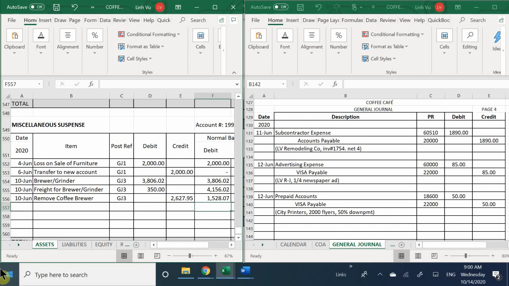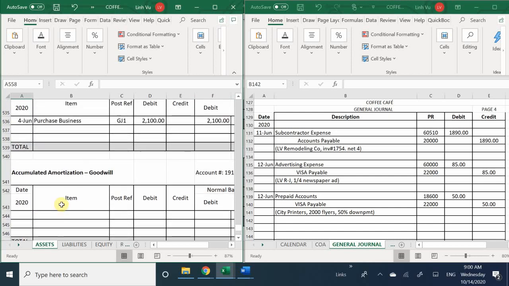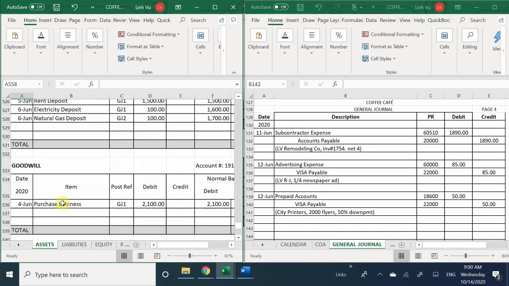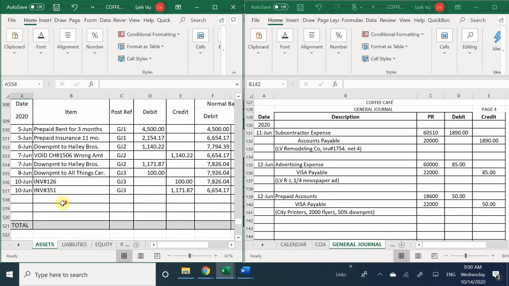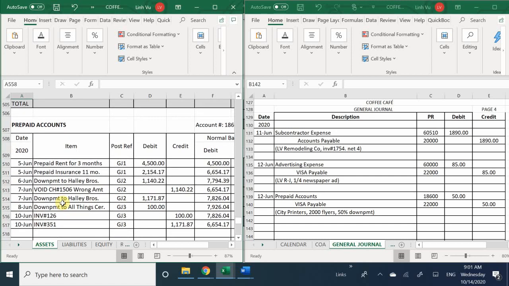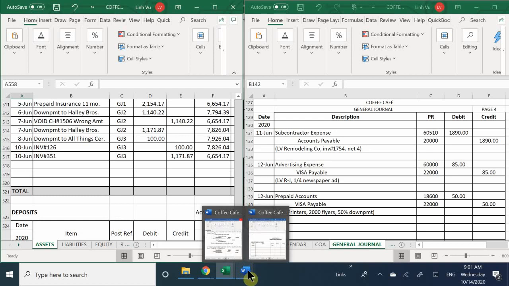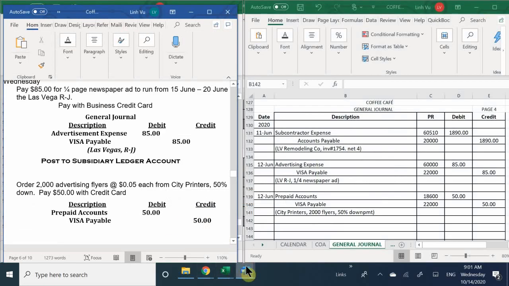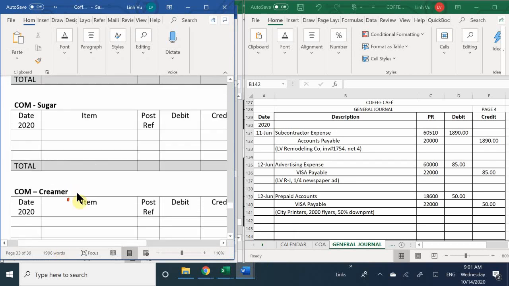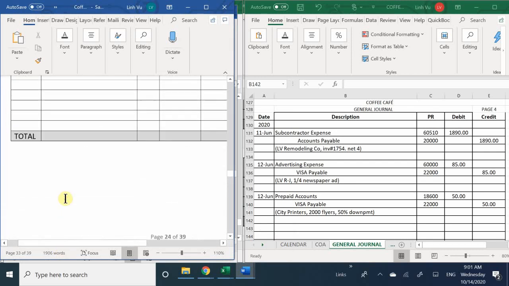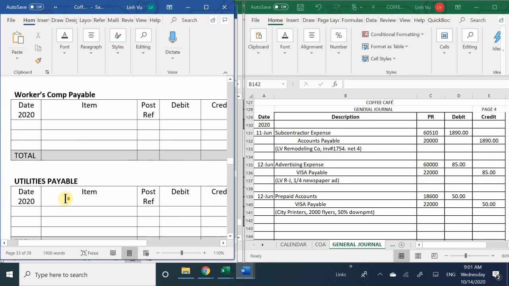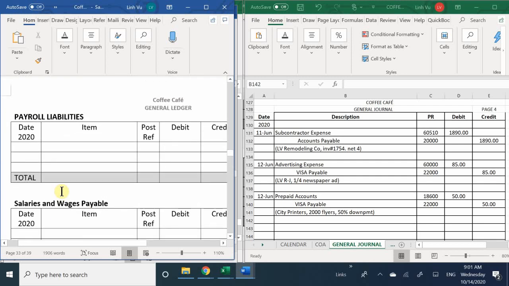Okay, so here we're going to be on the ledger. The first thing we're going to be looking at is our prepaid accounts, which should be right above my deposits, on page 15.